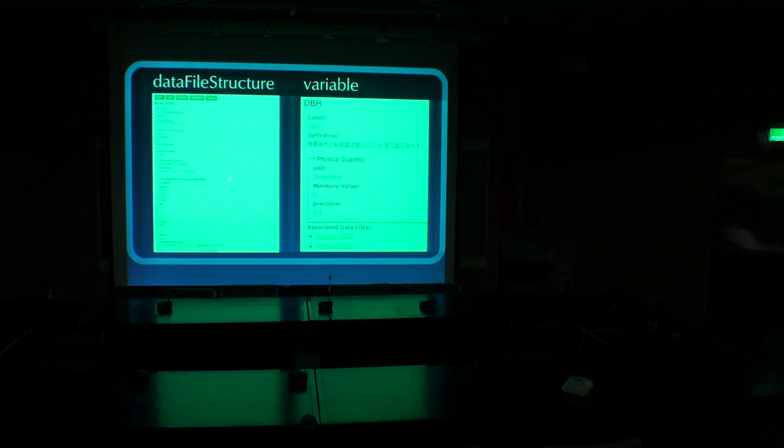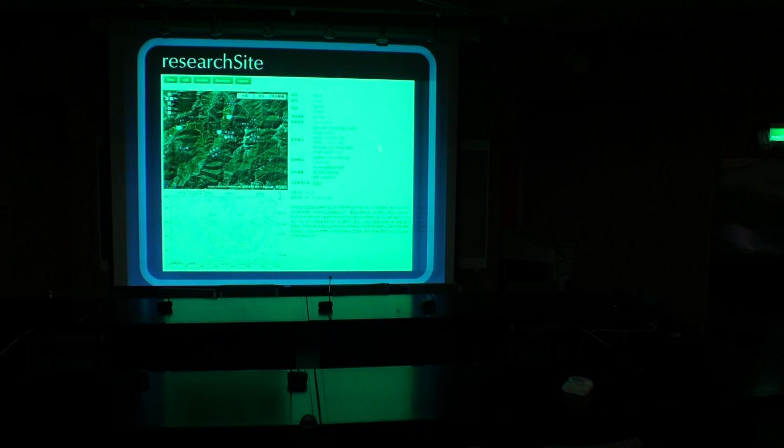And the data file structure: how many variables are in this data set, and the definition and unit of each variable. And this is the detailed description of each plot.